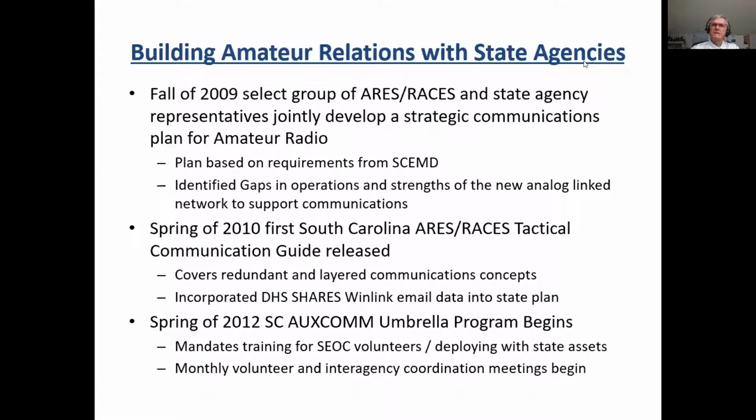The next slide I want to talk about is, okay, how did we build a relationship with the state agencies? I think a concerted effort started back in 2009 when we asked to gauge the needs of our state emergency management agency for our amateur radio support.